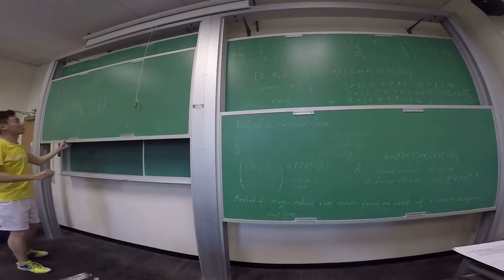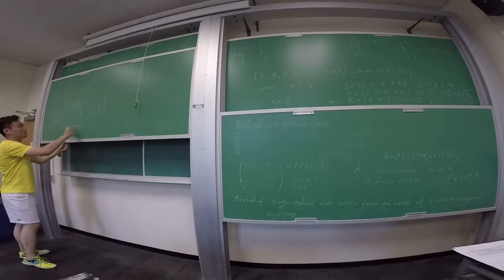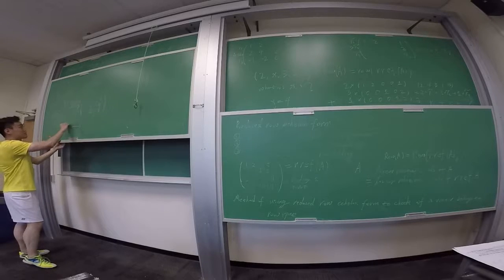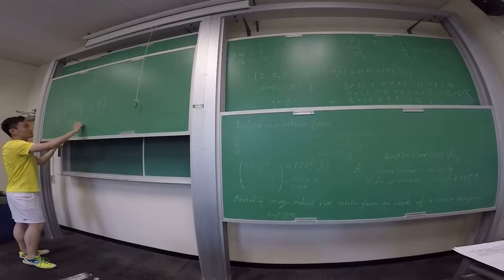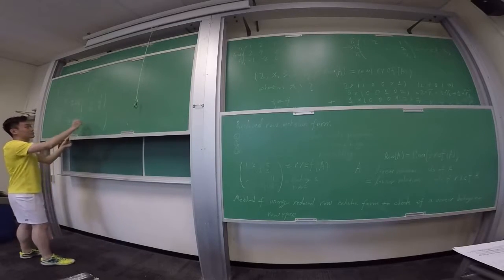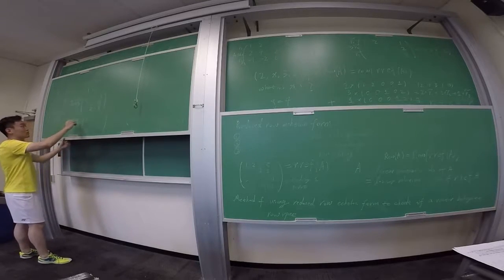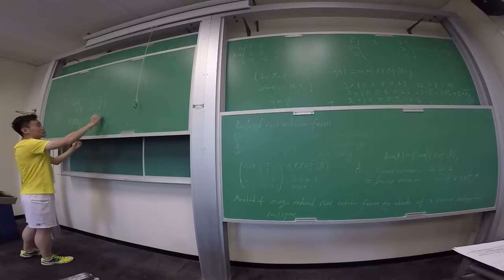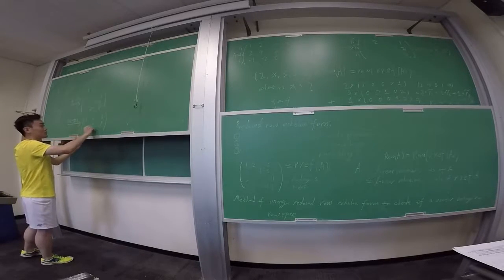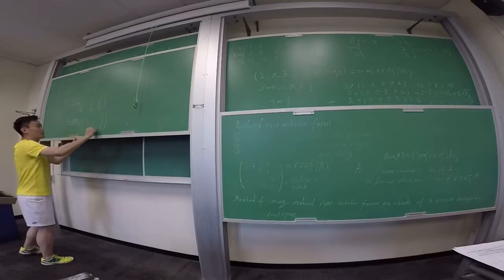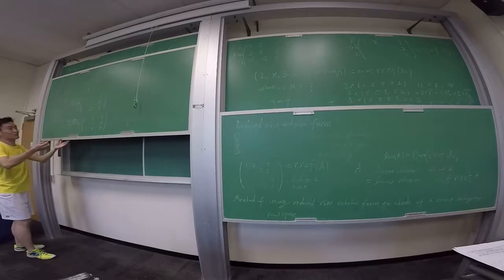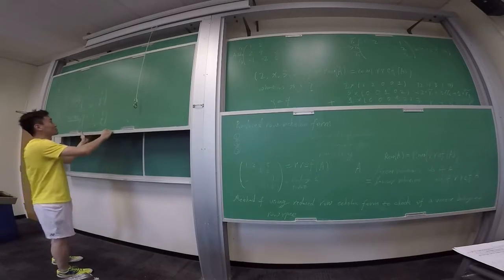Then you do it again: the last row minus 2 times the second row. Sorry, what you get is 1, 1, 3, 0, 1, 4, 0, 0, 0.